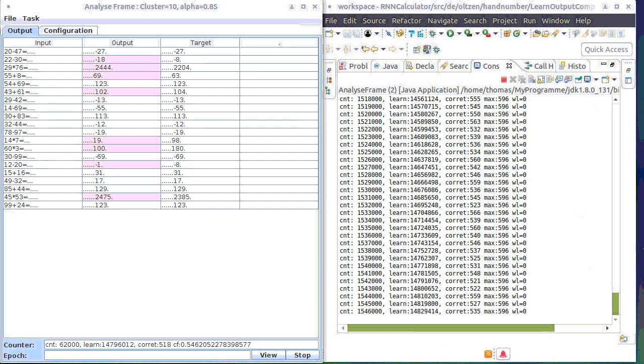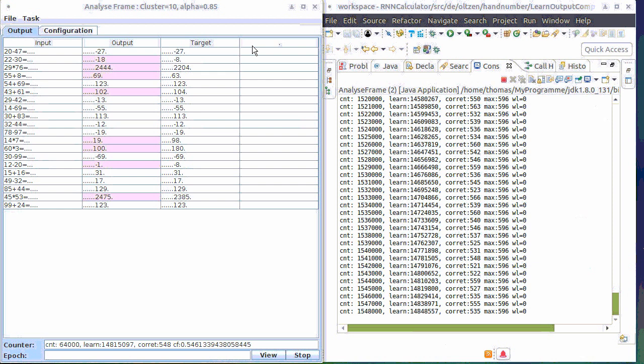So you can see that it learned for a long time to reach these results. When we look at the first line as an example, we see, hey, it's okay, it's fine. We have 20 minus 47, we get minus 27, the result is minus 27, and fine. You can also see that every second one is correct.